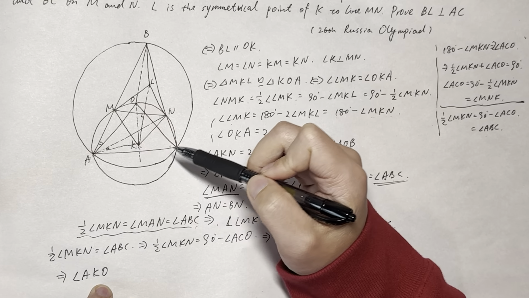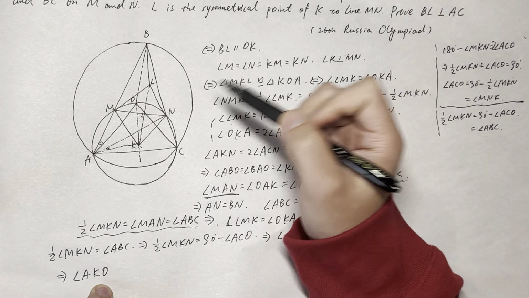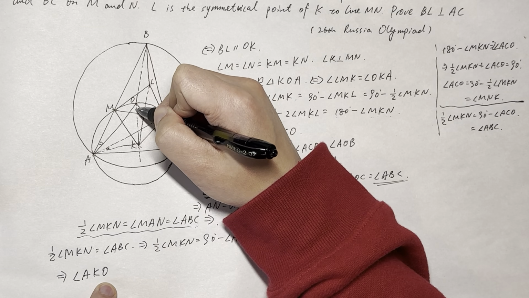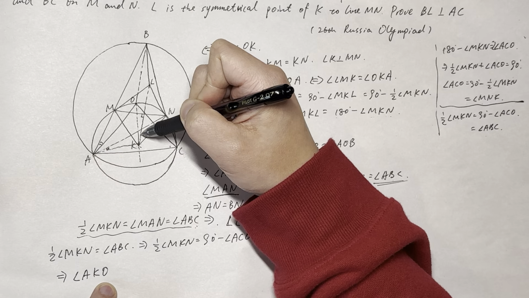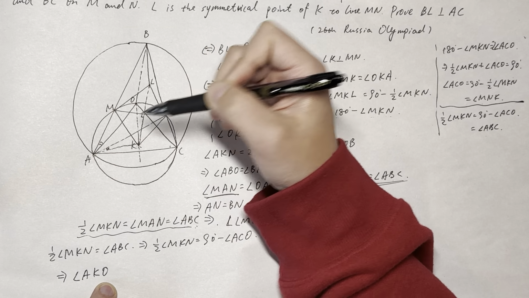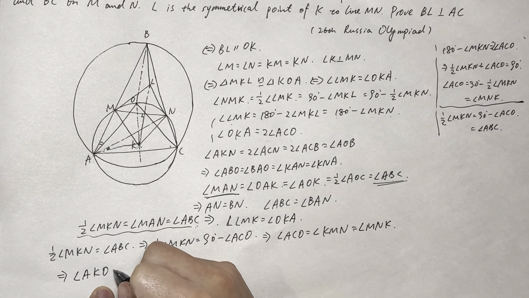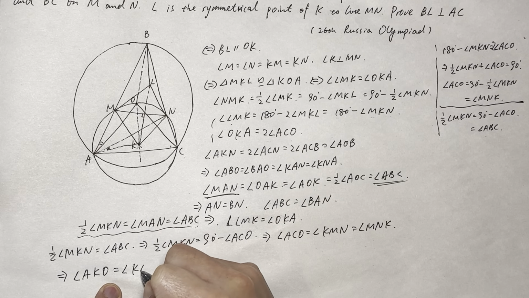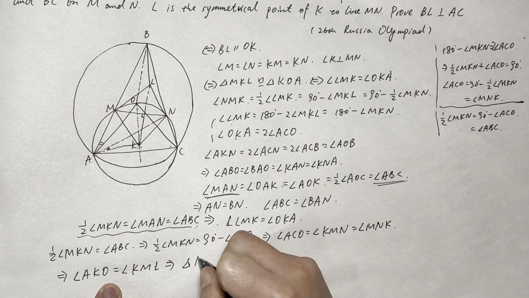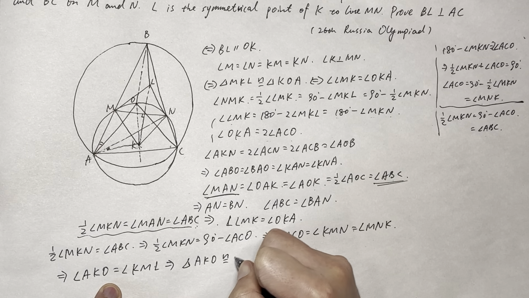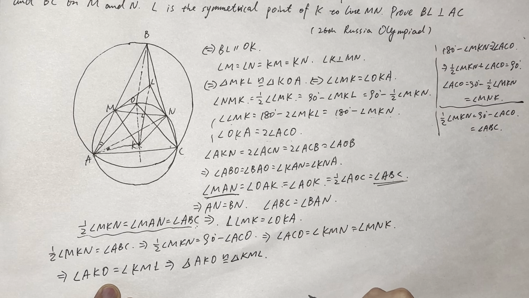So actually, we just proved the angle MKL, this one, equals this one, right? So angle AKO equals angle KML. So we know that triangle AKO is congruent to triangle KML.